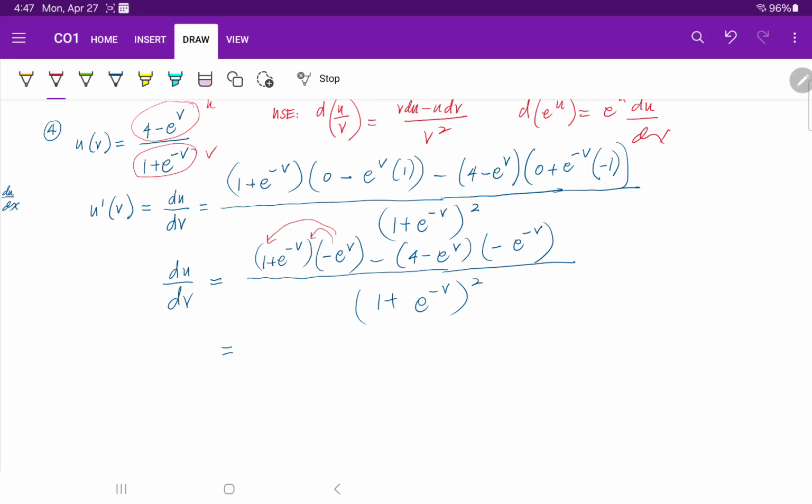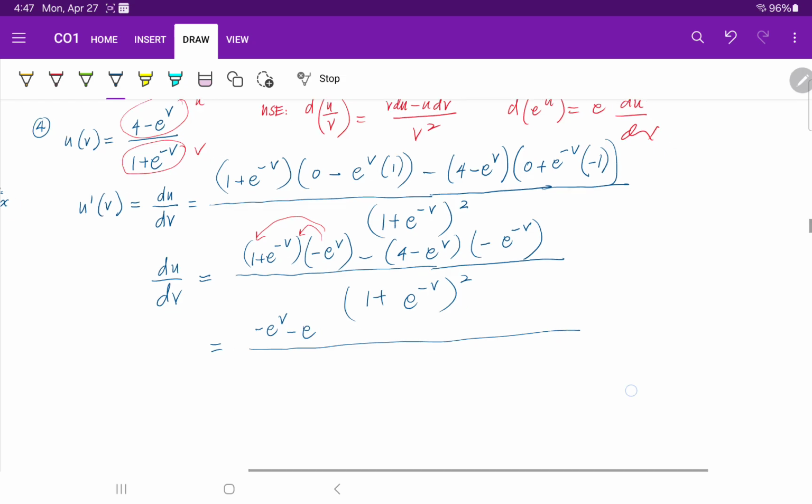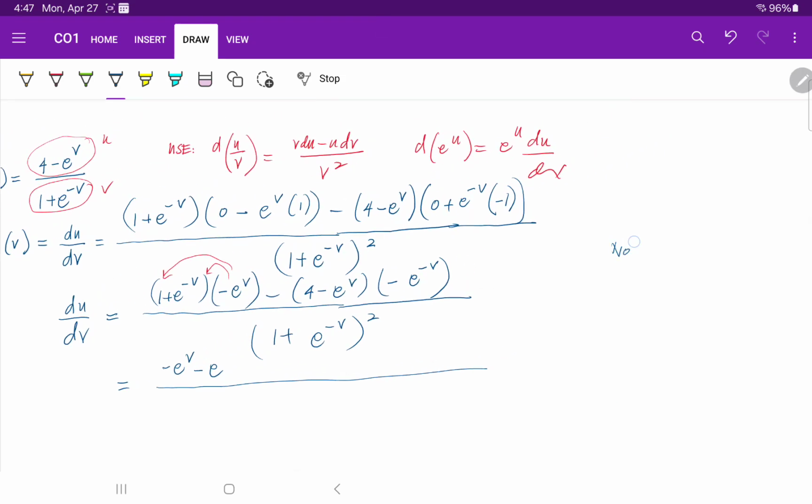Alright, so in the numerator, we have negative e to the v, 1 times negative e to the v, minus, plus minus. So e to the what? Note that when we multiply e to the negative v by e to the v, what does it give you?